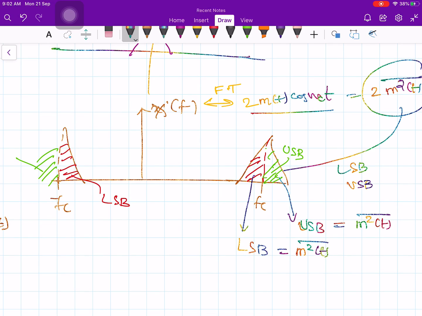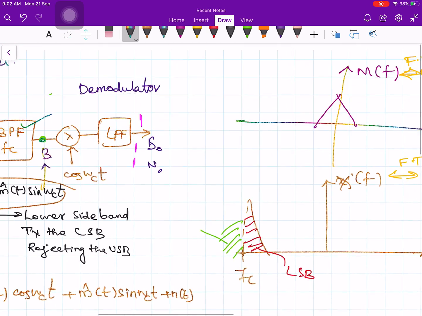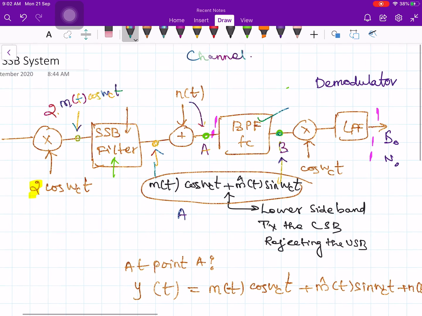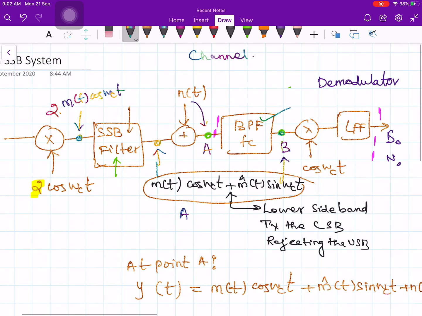Okay. Therefore, if you look at this figure, then in this point, what is the power? Power is 2 times m square of t bar, and in this point the power is m square of t bar. The same power also coming here, m square of t bar, because it is an ideal band pass filter, and here also the power is m square of t bar.